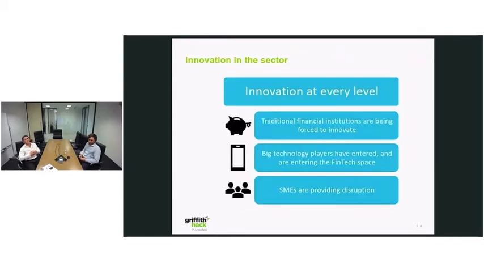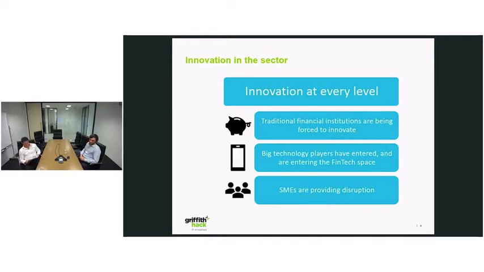So it's not just that fintech covers a wide range of technology levels, it also has players from a large number of different spaces. So we have the traditional financial institutions, the banks, the trading houses, etc., who are really being forced to innovate as technology is pushing the space ahead.